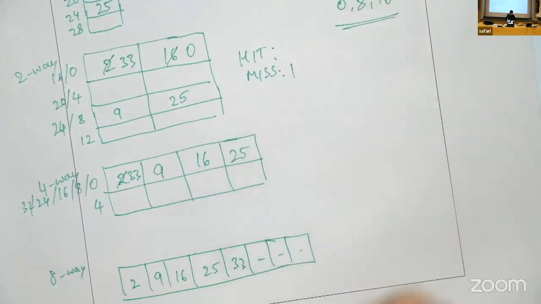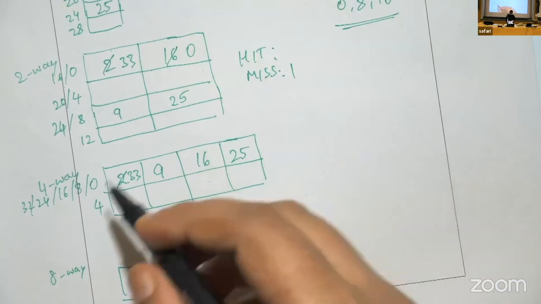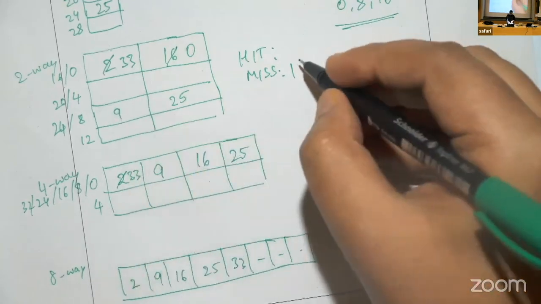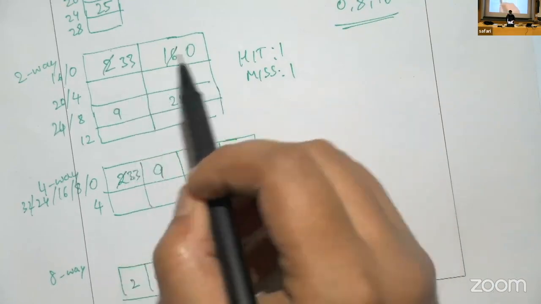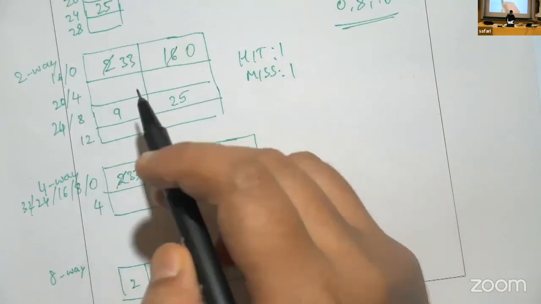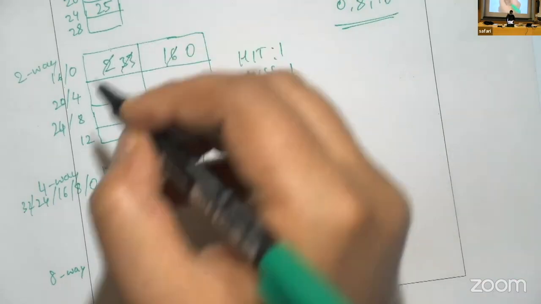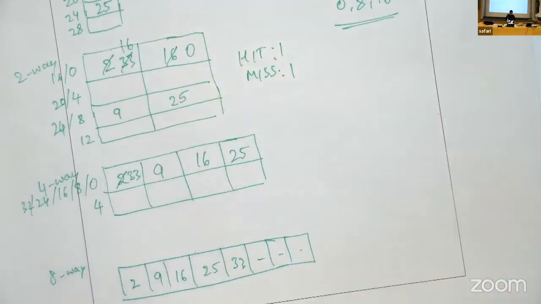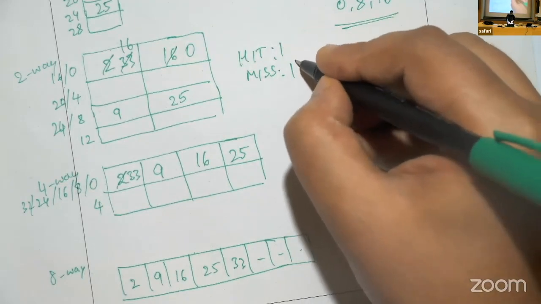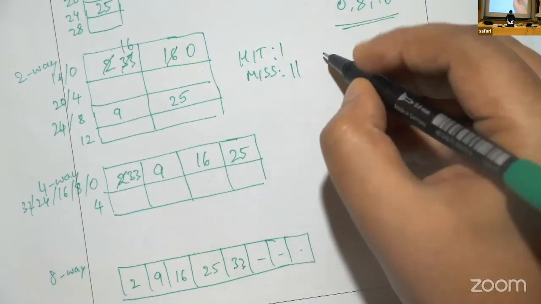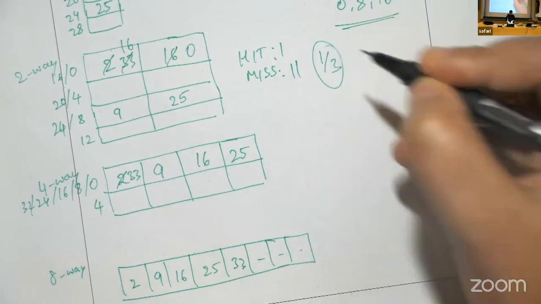You'll have 1 miss because the address was not there. 8 is a hit because it's already there, and 16 is not there in the first set. So you will have to again replace 33 so that you can access 16. So you'll have another miss. So here the hit rate is 1 by 3.